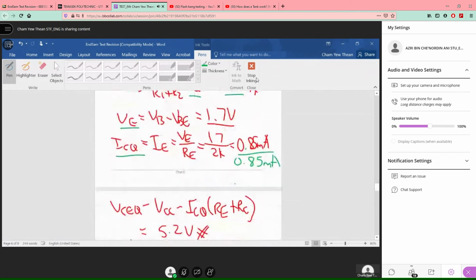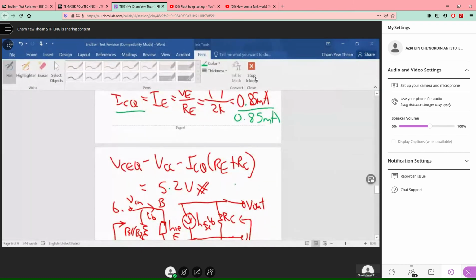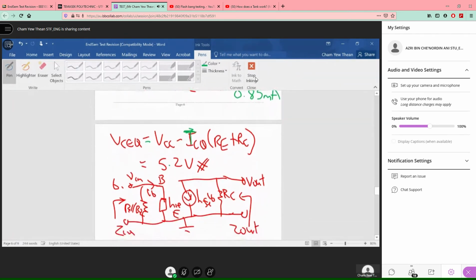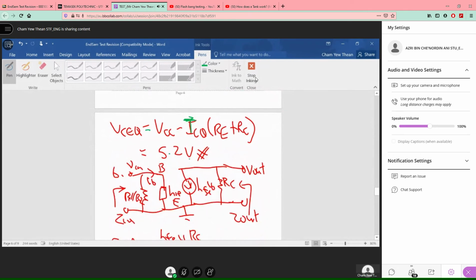But remember your IE and IC are almost the same because your beta is very huge. So substituting the values, VCEQ is equal to VCC minus ICQ times the bracket RE plus RC. So your answer is 5.2 volts. Then if you're asked to draw the small signal model, this is what you will see. This is your small signal model.